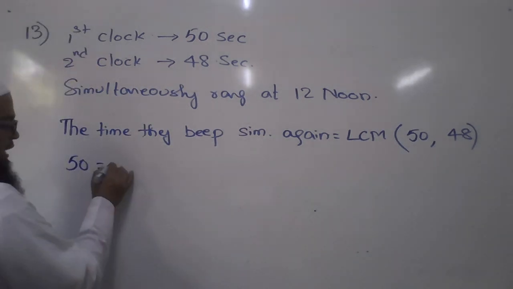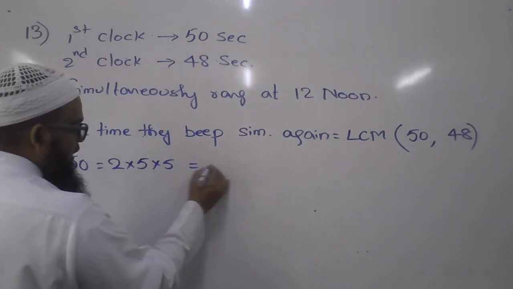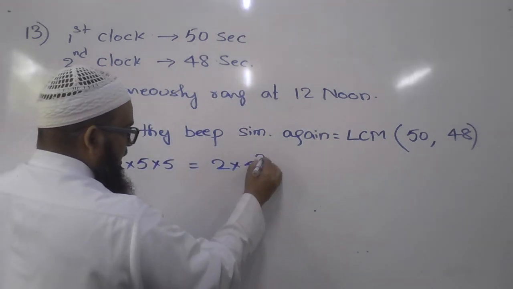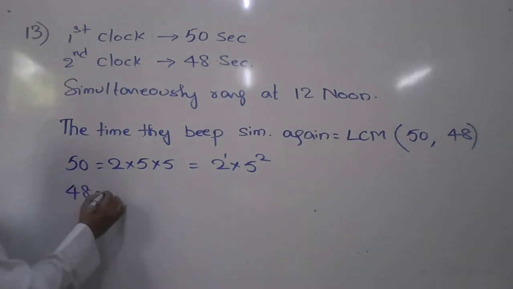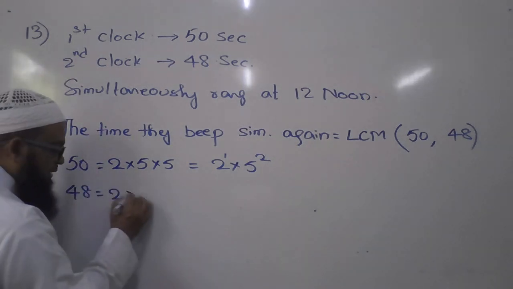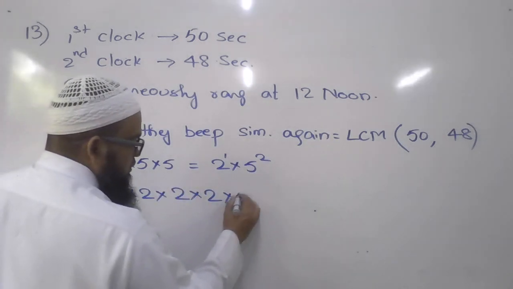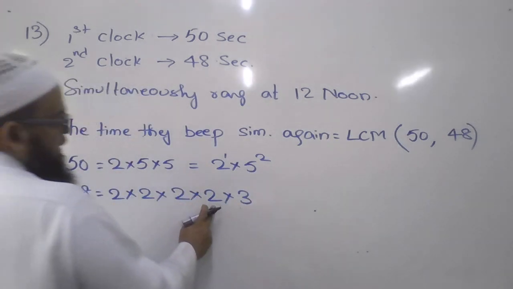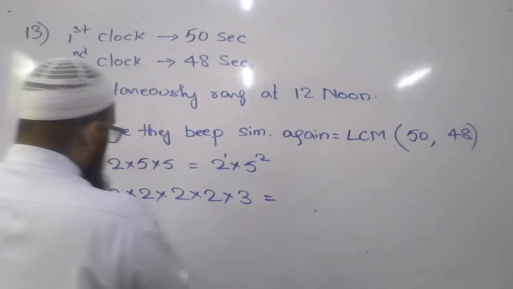So 50, how will you write? 2 times 25, and 25 is 5 times 5. So it will be 2 to the power of 1 times 5 squared. And the next one is 48. 48, my dear students, is 2 times 24, 2 times 12, 2 times 6, 2 times 3. So 2 to the power of 4 is 16, and 16 times 3 is 48.